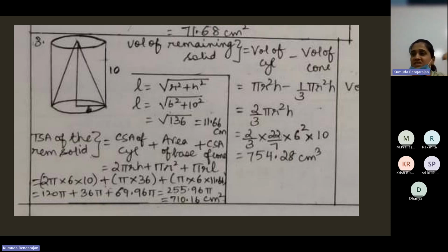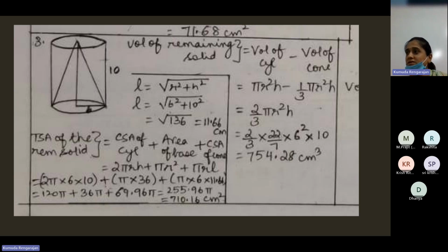You can paint the CSA of the cylinder, then the base of the cylinder, that circle. Then if you look inside, there is a conical depression, because the top circle is gone with the cone. Now you can look inside the cylinder and you see a conical cavity, and that can be painted. If you don't paint, that will be brown.